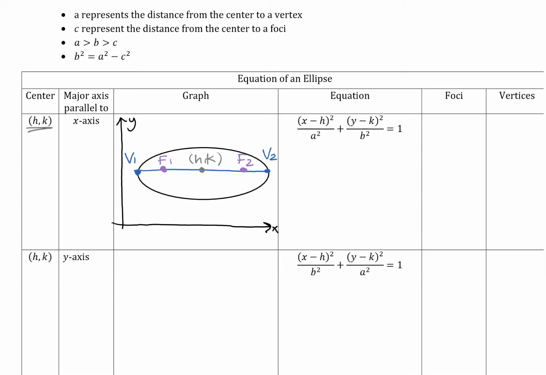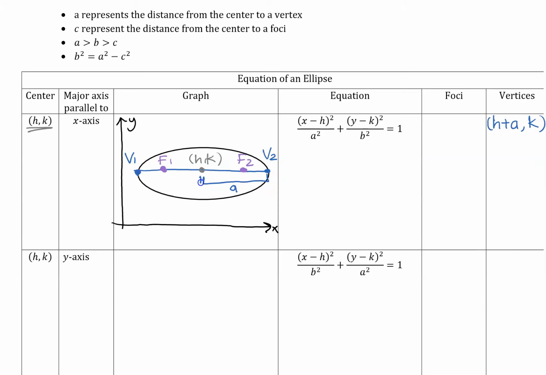Little a represents the distance from the center to a vertex. So little a is this distance right here. The vertex on the right would have the coordinate (h + a, k). I'm adding a units to the x coordinate of the center because it moves a units to the right, and it's staying on the same horizontal line, so the y coordinate is still k.